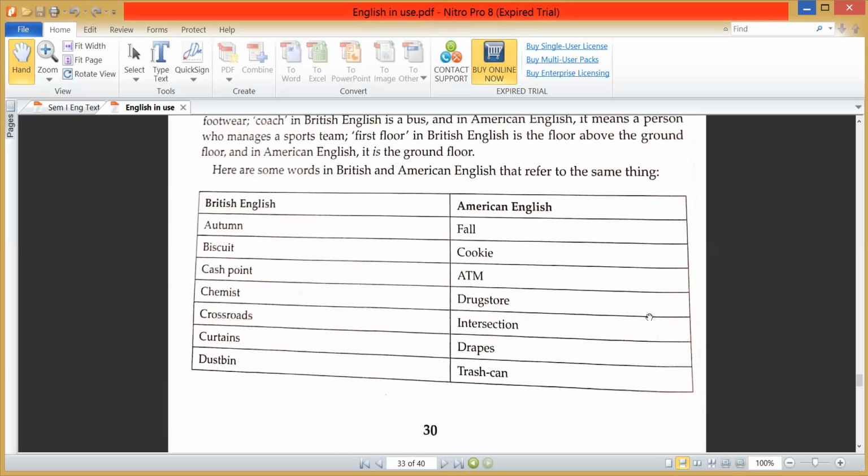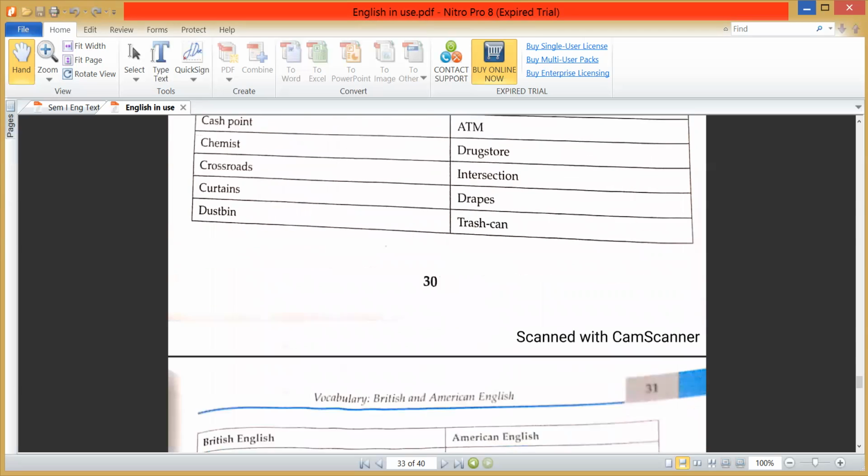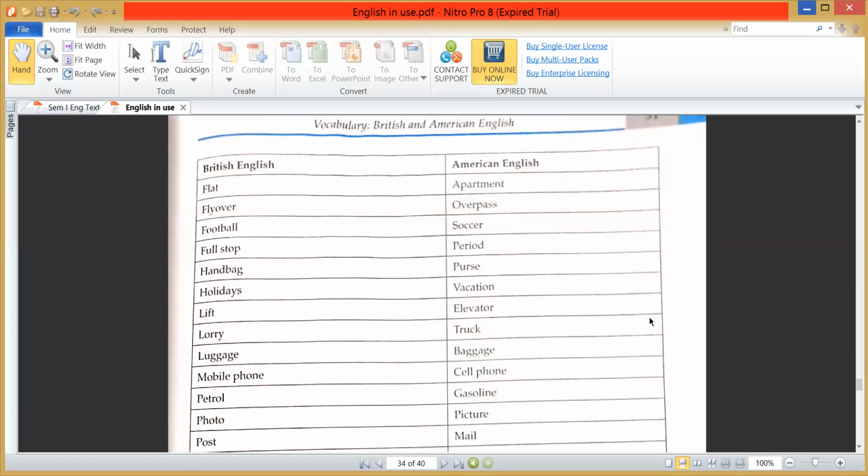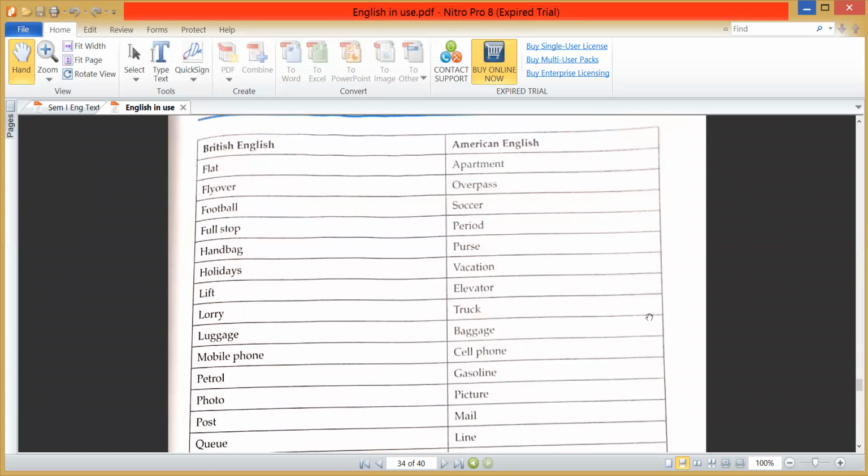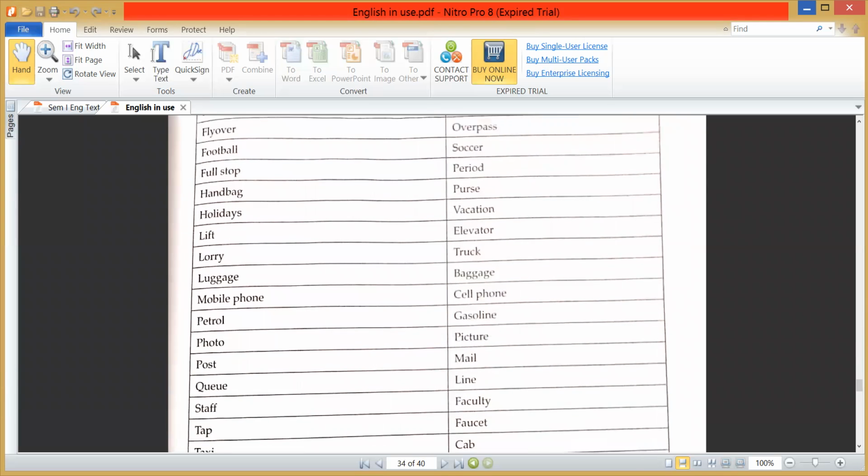Biscuit, cookie. Cash point, ATM. Chemist is drugstore. Crossroads is intersection. Curtains are drapes. Dustbin is trash can. Flat is apartment. Flyover is overpass. Football is soccer. Full stop is period. Handbag is purse. Holidays, vacation. Lift, elevator. Lorry, truck. Luggage, baggage.